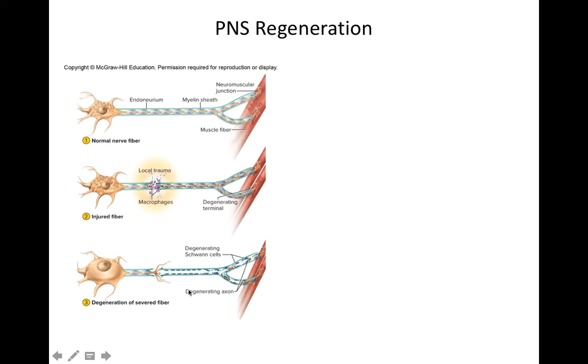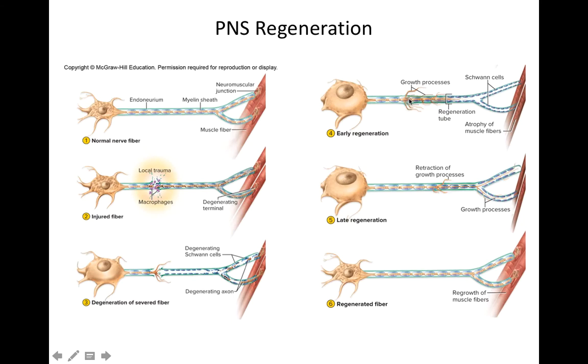Now, this can only happen if there's enough neurolemma left over and the basal lamina is there. So it's not a guarantee, but it's a possibility. And when you stimulate the end of the axon to grow, it kind of branches out. And you see you've got this structure going on here where there's a whole bunch of branches.